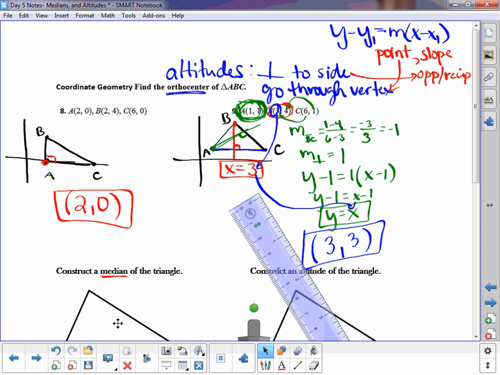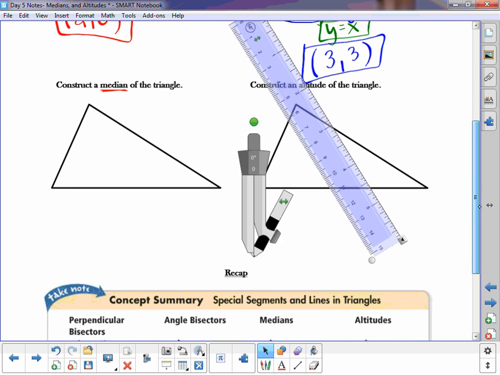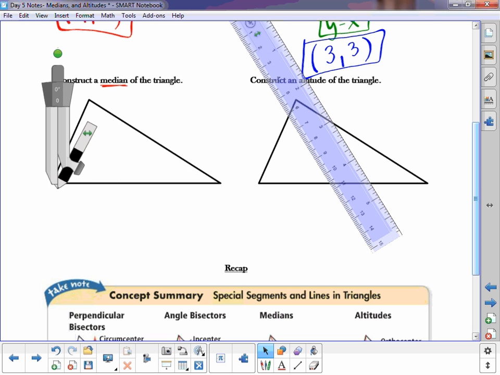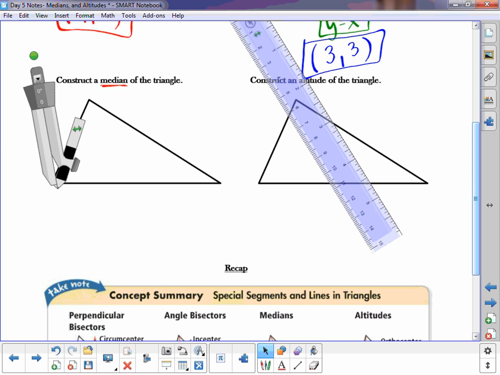Now, again, we're just doing the one. So we're going to do it of this bottom side here. So you want to take your compass and set it to be more than half the distance.